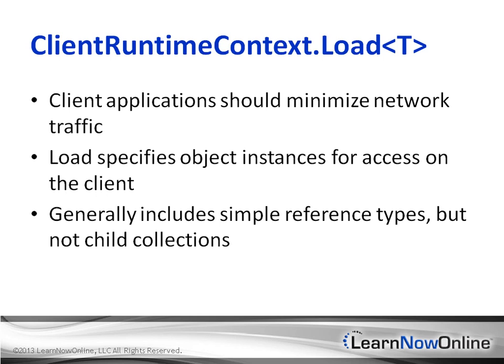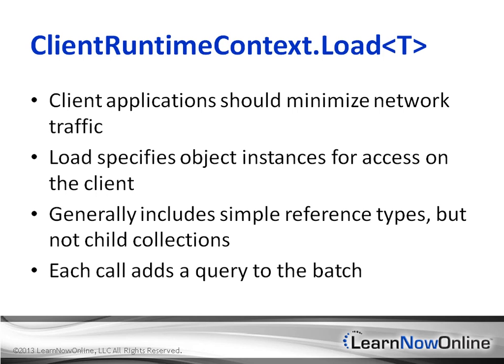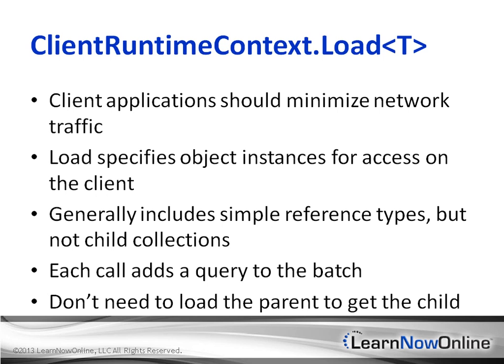And normally you're just going to get simple reference types and not the child collections. Each call that you add is going to add a query to your batch. You could actually load a specific list item without even having to load the list itself. That is great, because that's going to reduce the amount of traffic going over the network, which is going to make your app a lot faster.